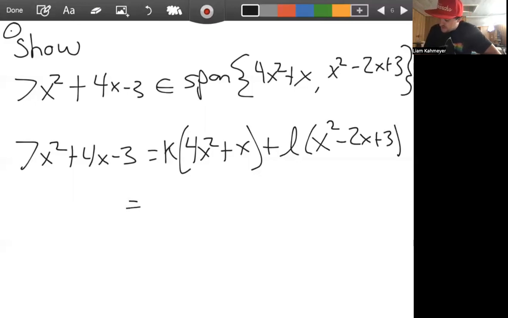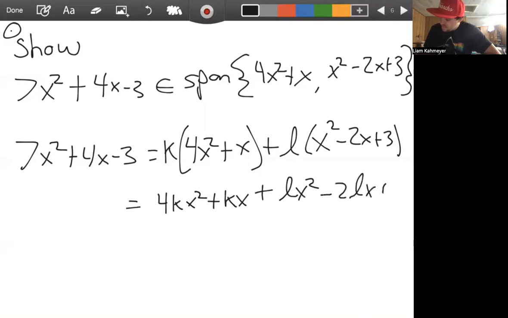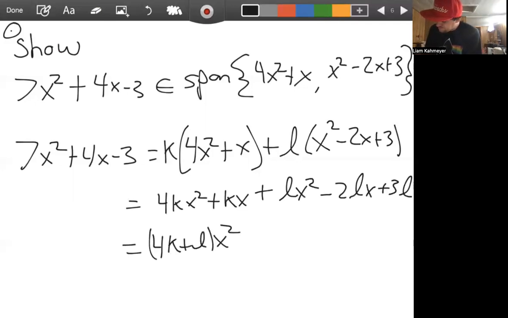Distributing, we get 4k x squared plus kx plus l x squared minus 2l x plus 3l. Grouping like terms here, we're going to have (4k plus l) x squared, and then plus (k minus 2l) x, and then plus, the only constant term here is plus 3l, right?